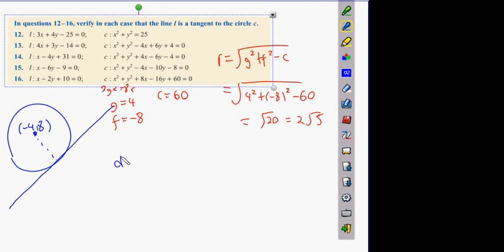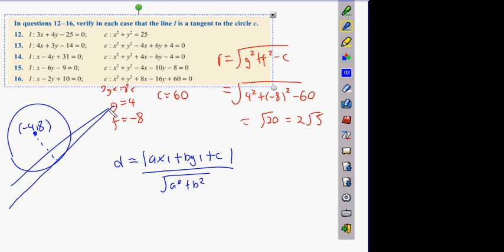Yeah. d equals ax1 plus by1 plus c all over the square root of a squared plus b squared. And if this distance equals 2 root 5, it hits once. If it's less than 2 root 5, it's in the circle and it hits twice. If it's bigger than 2 root 5, it doesn't hit at all.